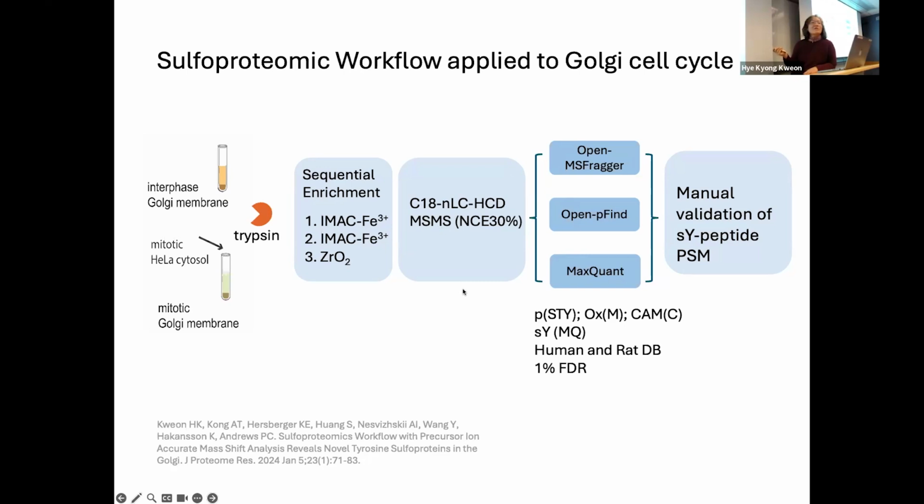At that time, it was not really evaluated for those kinds of labile modifications, very early stage. The purpose was also to compare these different algorithms, how well they pick up and what the differences are.